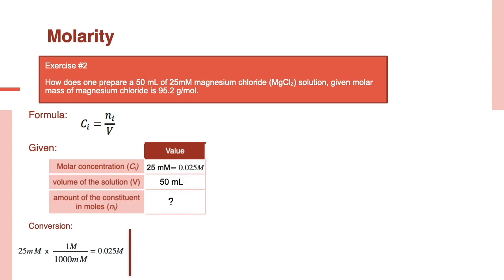We also have to convert 50 milliliters to liters because molarity is moles of solute in 1 liter of solution. So 50 milliliters times 1 liter divided by 1000 milliliters is equal to 0.05 liters. And now, our 50 milliliters will be 0.05 liters.